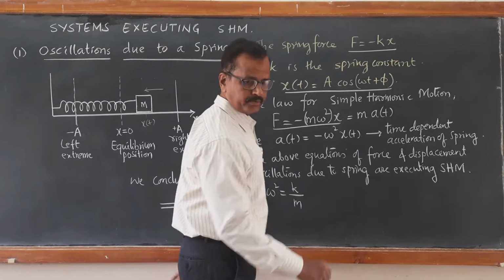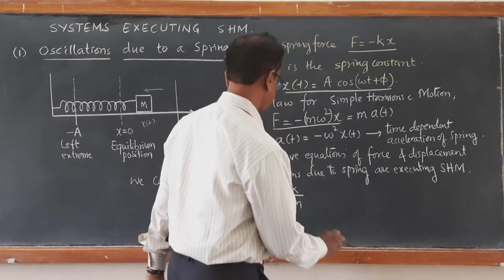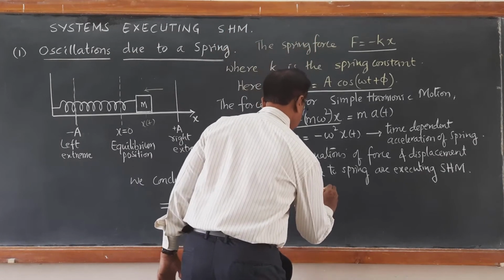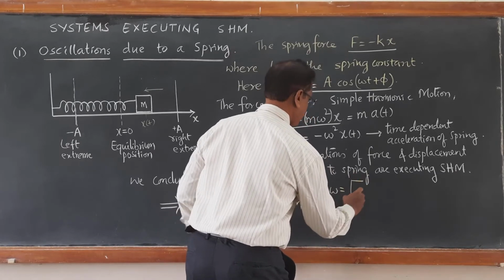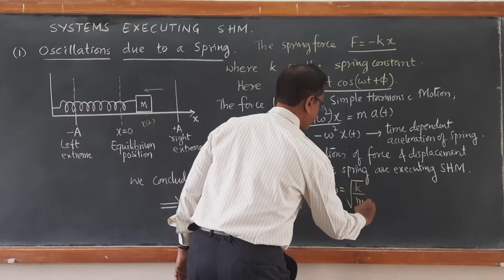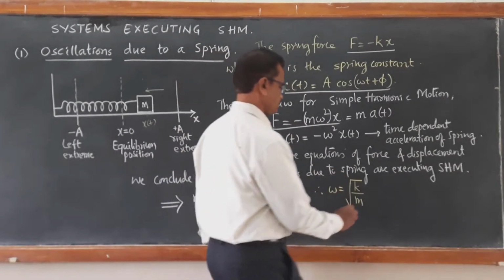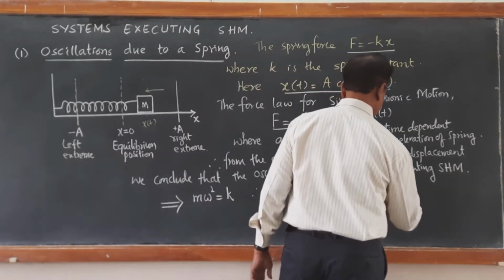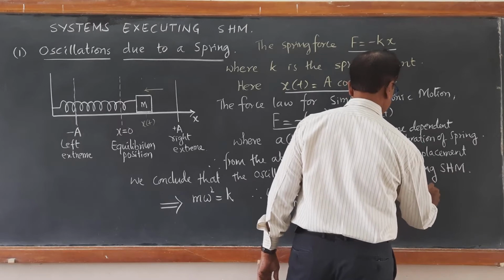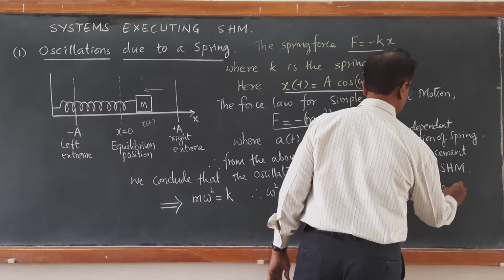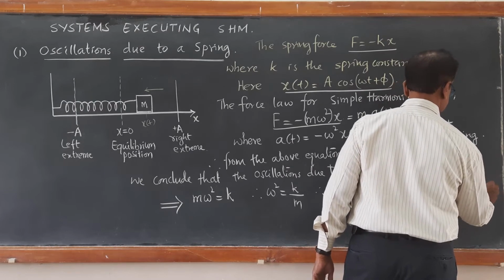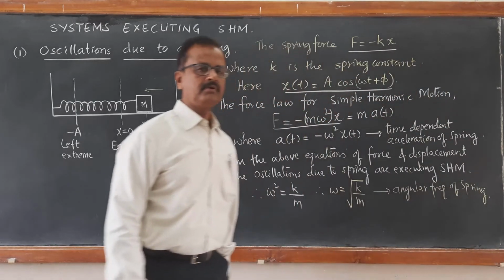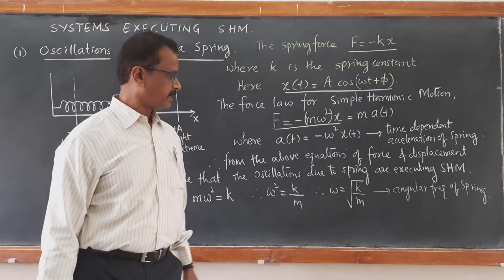Taking the square root, we get omega equal to square root of k by m, which is the angular frequency of oscillations due to a spring.